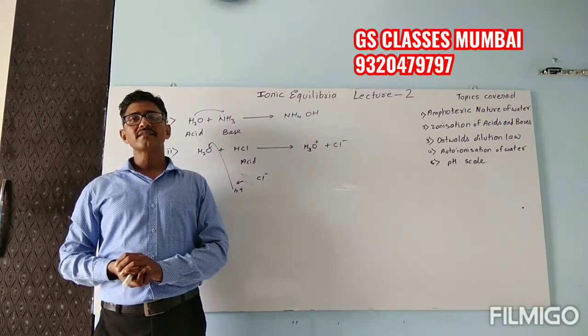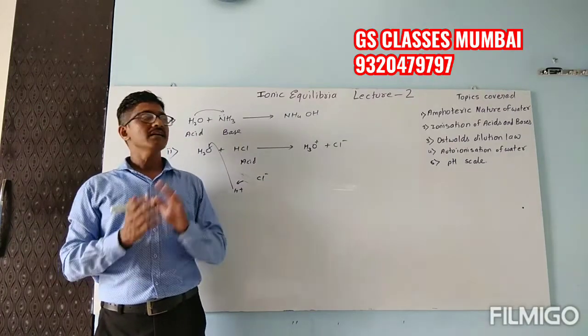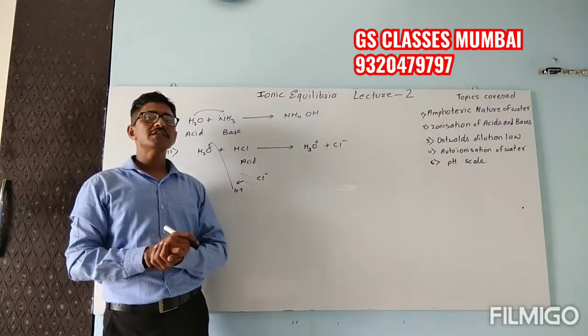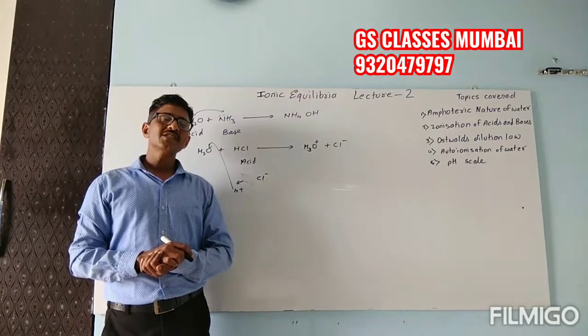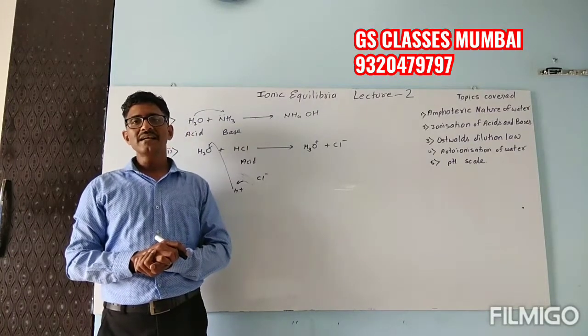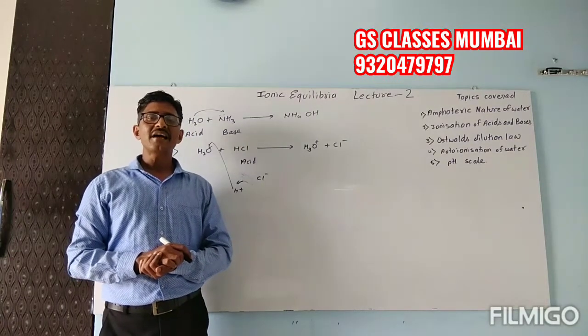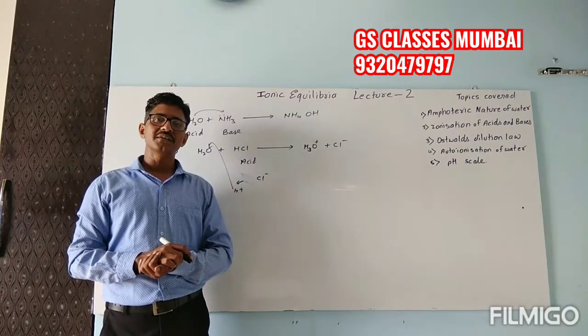So children, here we have proof which tells you that water can behave as an acid as well as a base. Hence water is what? Amphoteric in nature.